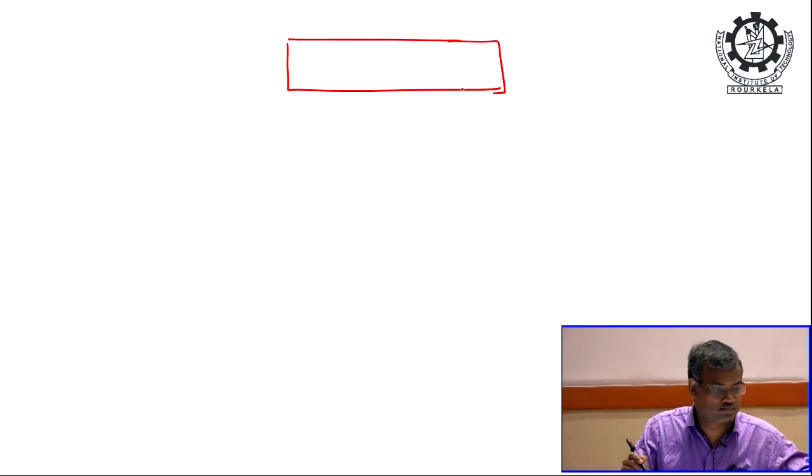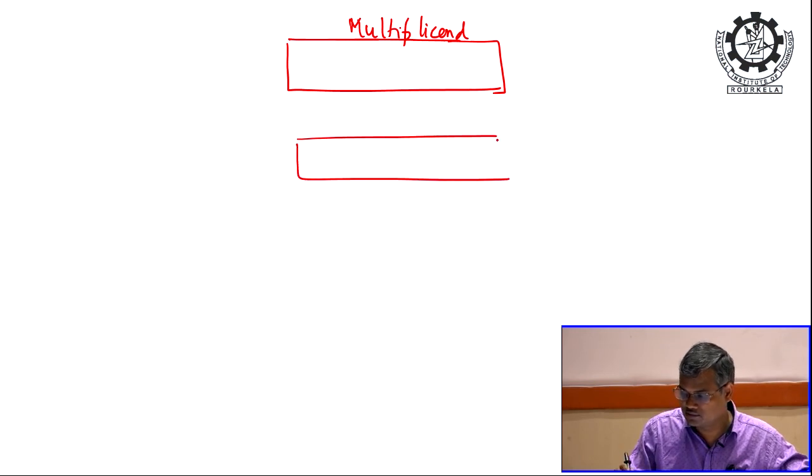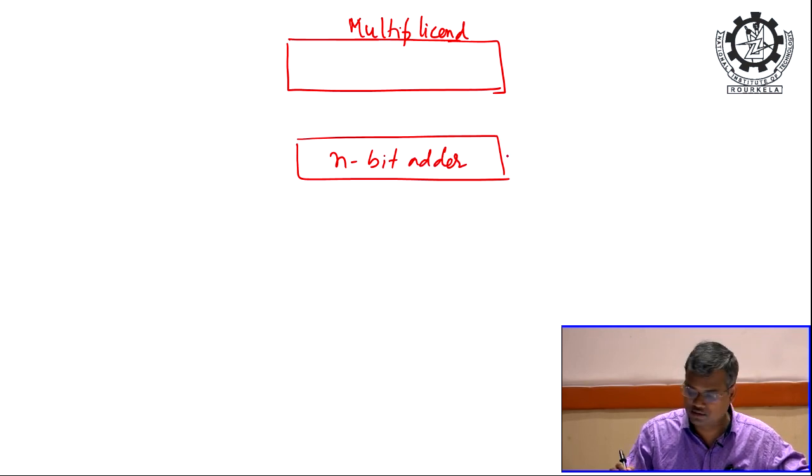Okay. Now, we will draw the circuit. Okay. So, circuit is something like that. Okay. So, we will have multiplicand, okay. Then we have n bit adder, okay.